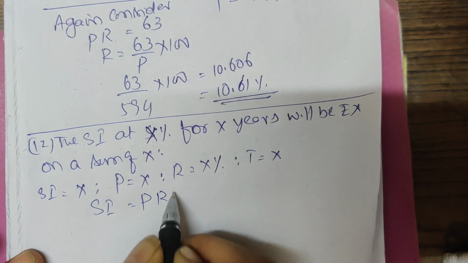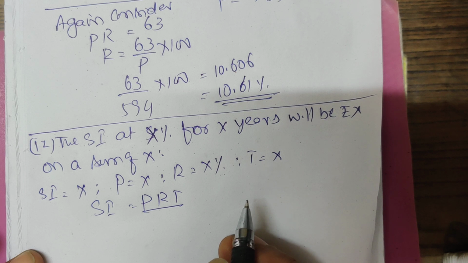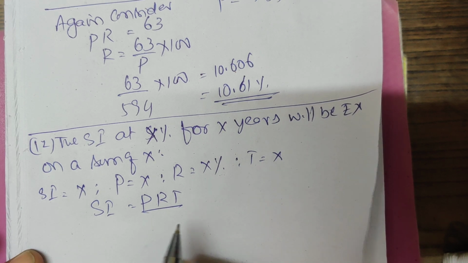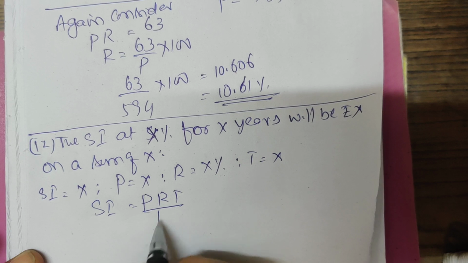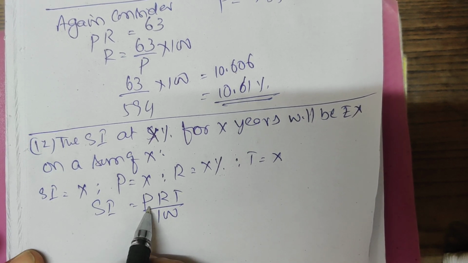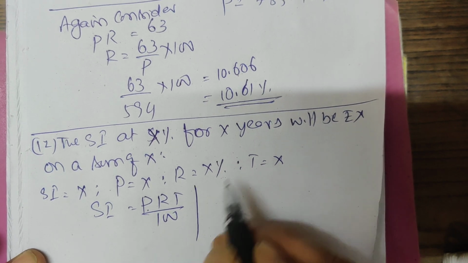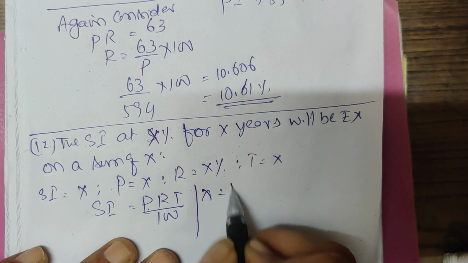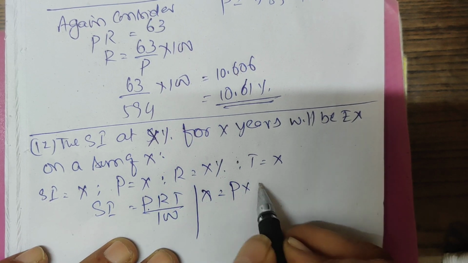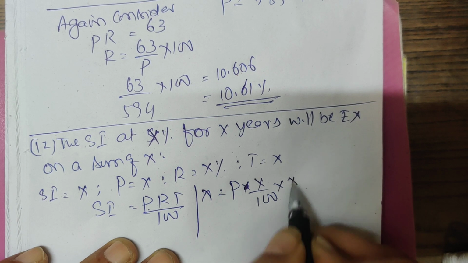SI is equal to principal into rate into time by 100. Let us keep principal as question mark. X is equal to principal into x by 100 into x.